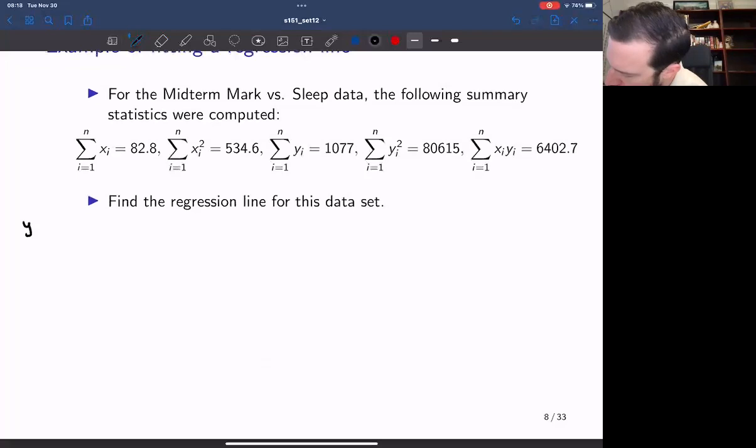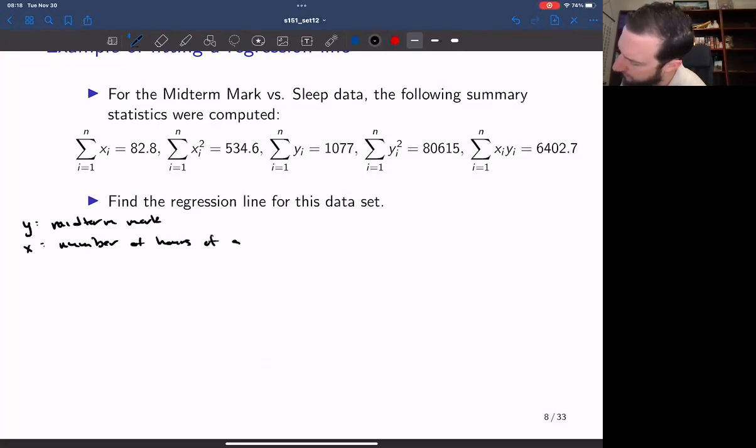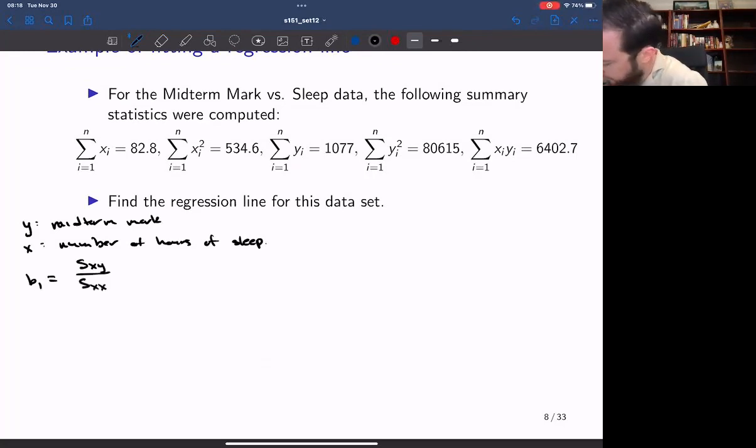So we have y is midterm mark. We have x is number of hours of sleep. We have B1 is equal to SXY divided by SXX.